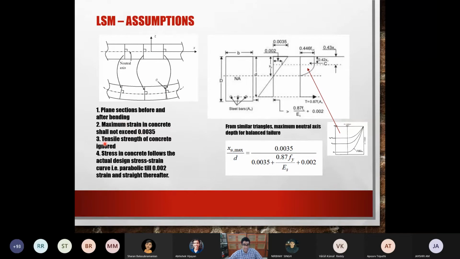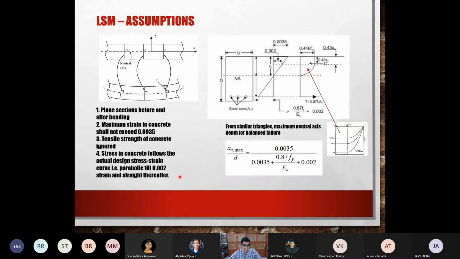The tensile strength of concrete is ignored as usual, and the stress in concrete follows the design stress strain curve, which means parabolic till strain 0.002, and after the strain crosses 0.002, the stress becomes a straight line. So what is the difference between the limit state method and the working stress method as far as this point is concerned?